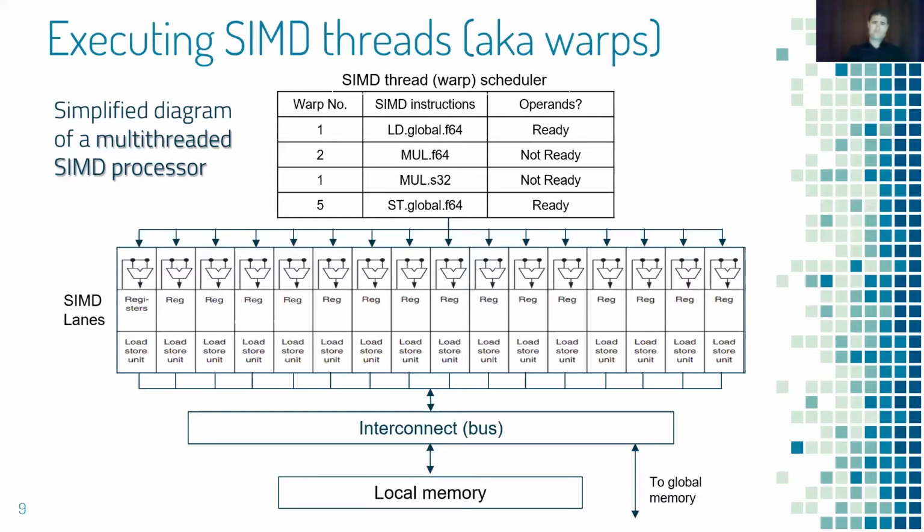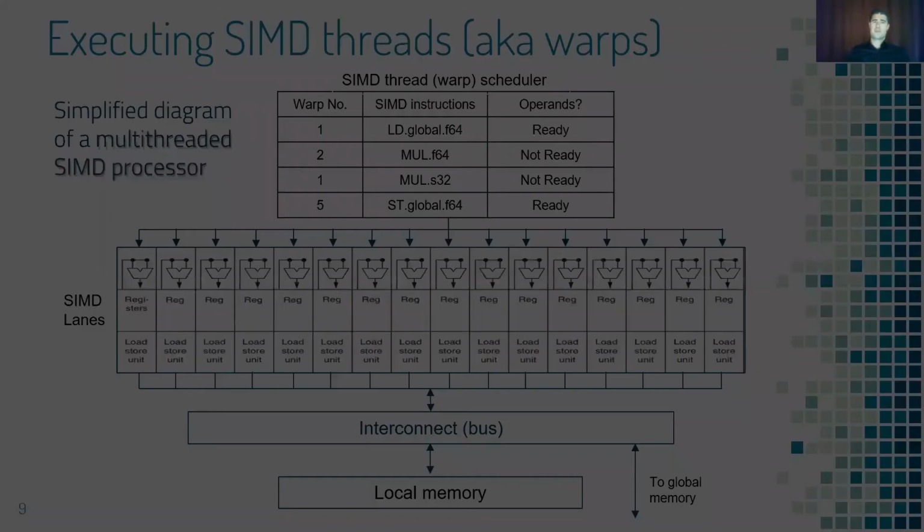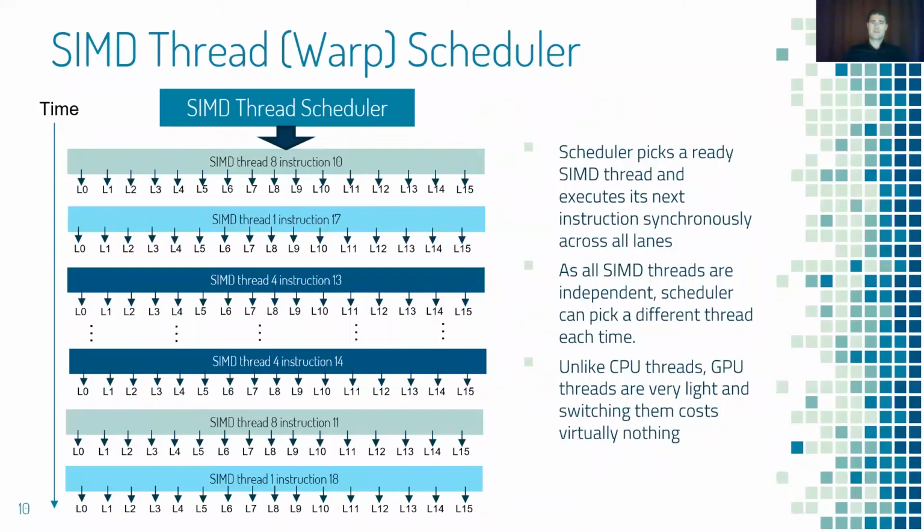Now, how does a SIMD thread or warp scheduler pick warps for execution? Essentially, the scheduler will pick a ready SIMD thread and execute its next instruction synchronously across all lanes.